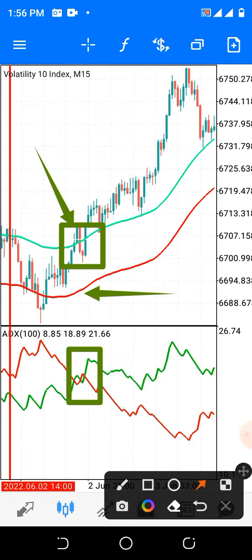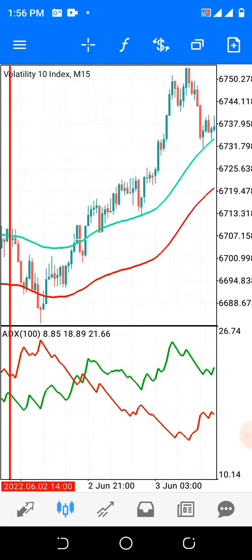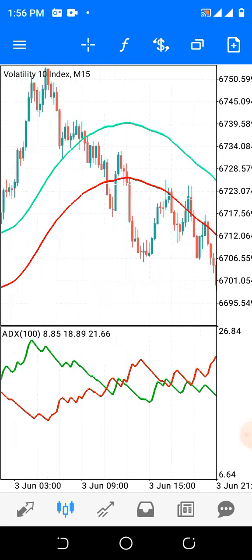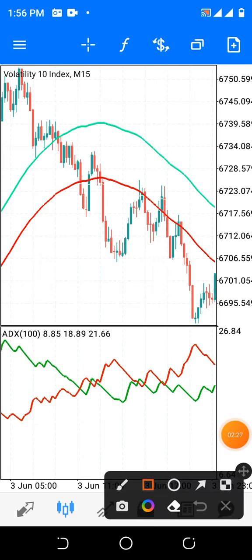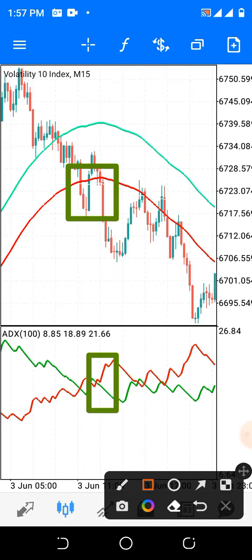This is another opportunity for you to gain from the market. Here you see that the candlesticks cross the red line of the envelopes indicator. Do you understand? And as well, the ADX lines cross each other. So at this junction, you take a sell position.